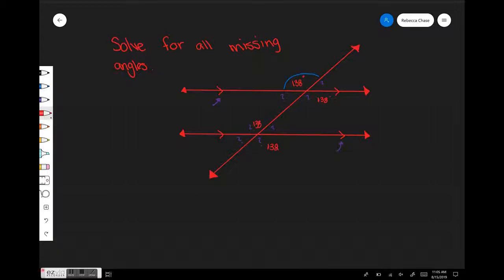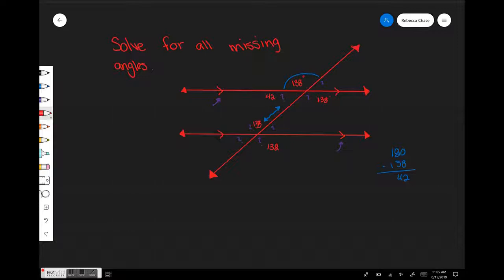Okay, and then I can use consecutive interior to say these two right here, why are my lines not straight today? These two right here, that one and that one, are going to add up to 180. Okay, so if I do 180 minus 138, that's going to give me 42. Okay, so this angle right here is 42.